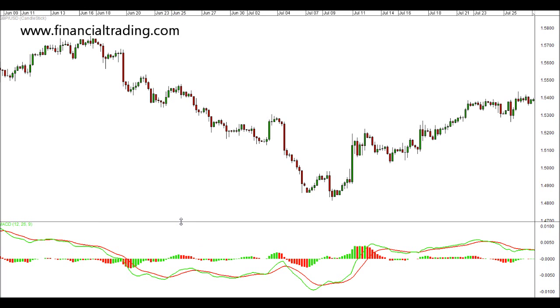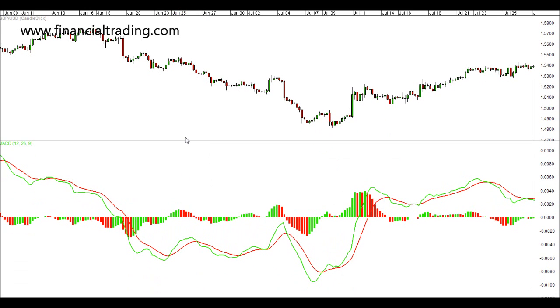For example, a common way to use the MACD is to use the moving average crossover as buy and sell signals, just like the moving average crossover on closing price that I showed you in a previous video.